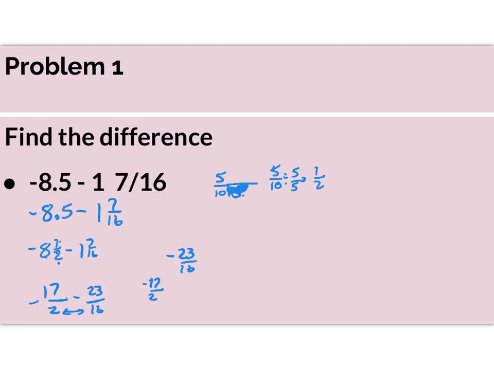Yes, it does, 8 times. So multiply by 8/8. We get 136 over 16. Bring over your negative. Now, same signs, add. 136 plus 23: 3 plus 6 becomes 9, 13 plus 2 is 15. So 159/16.